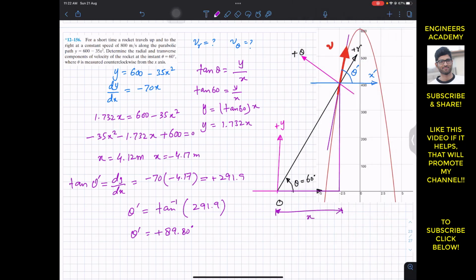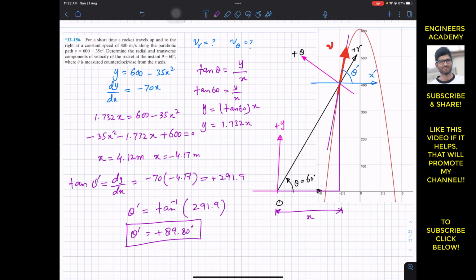The positive sign tells us that this angle is measured in the counterclockwise direction from the horizontal, that is from this x dash axis. So this is that angle theta dash which this velocity is making with the x dash axis. If this velocity is acting along the tangent, then the velocity is also making this much angle with the x dash axis.